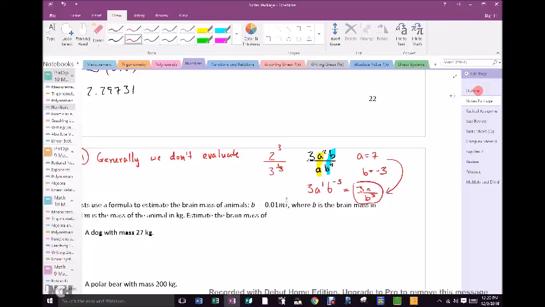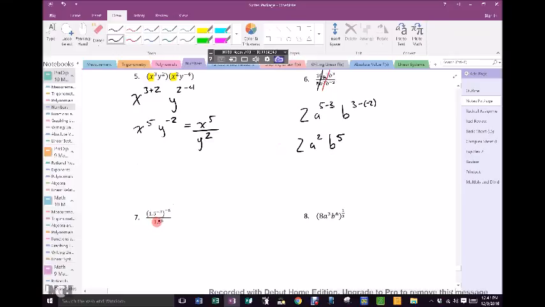Okay, everybody good? Now, these exponent questions are pretty easy. That's why it's the bare minimum. All right? What's the base here? 1.5. What do I do over brackets? Multiply.